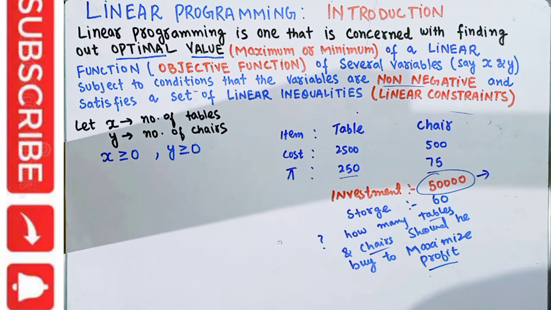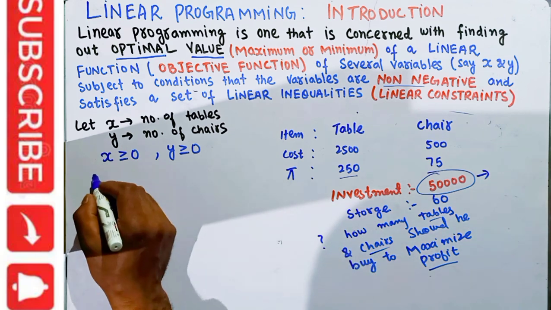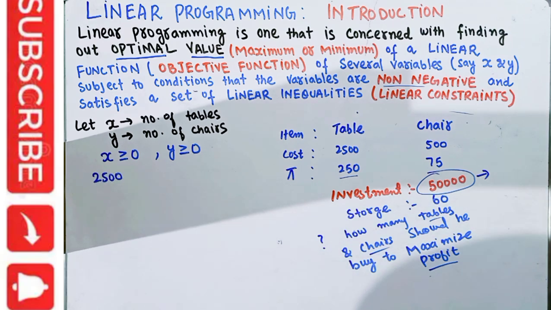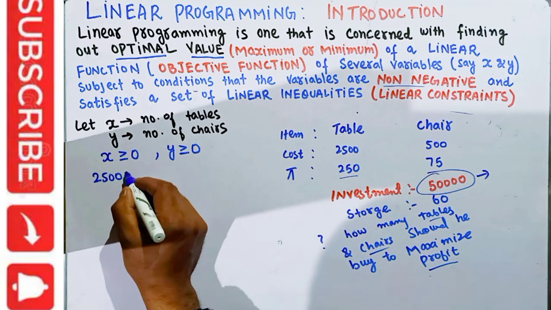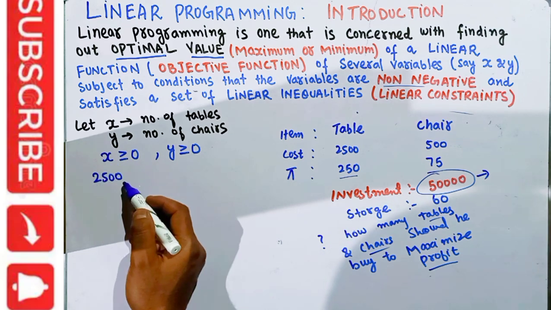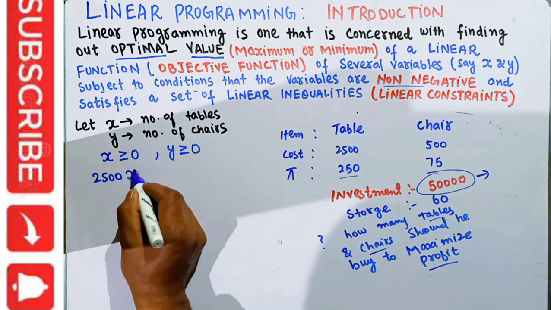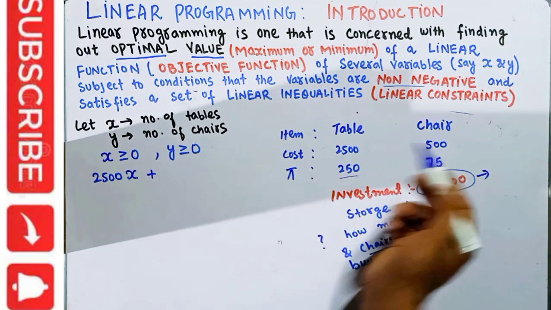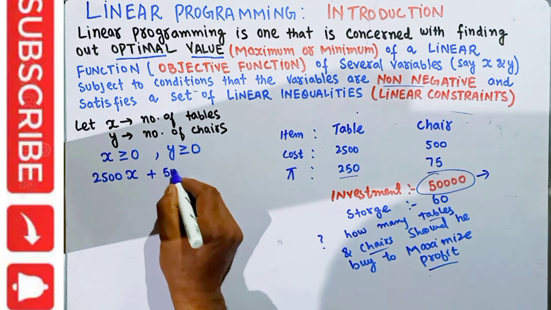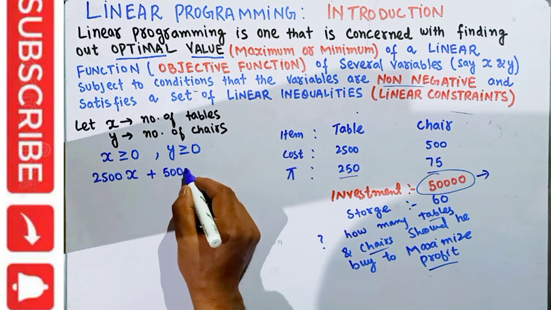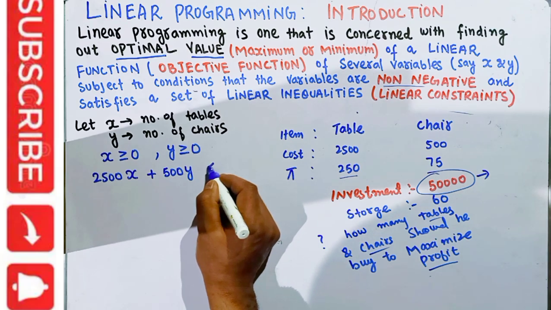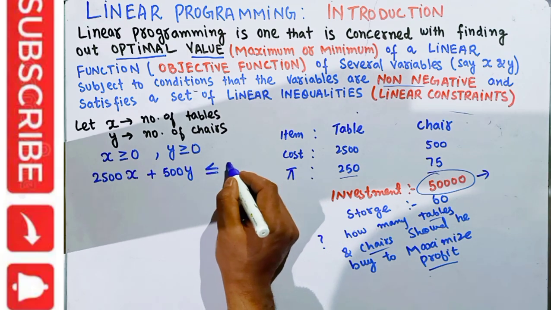I can rewrite this as: the cost of one table times the units of tables, x, plus the cost of one chair, which is 500, times the units of chairs, y, should be less than or equal to 50,000.